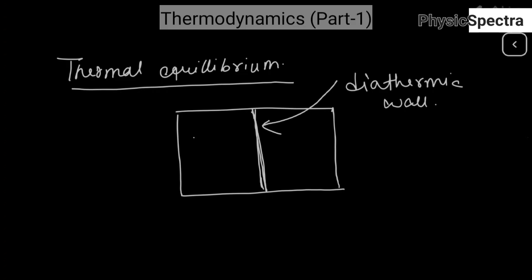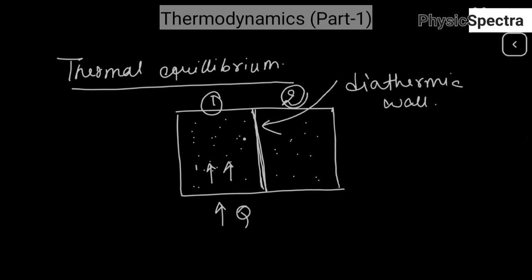Okay. Now if we take some gaseous molecules or some liquid, anything you can say, and we just supply some heat in this first chamber. There are two chambers, first and second. If you transfer some heat in this first chamber, it accepts the heat and gets heated up, and simultaneously it tries to transfer some heat to the second chamber, isn't it?